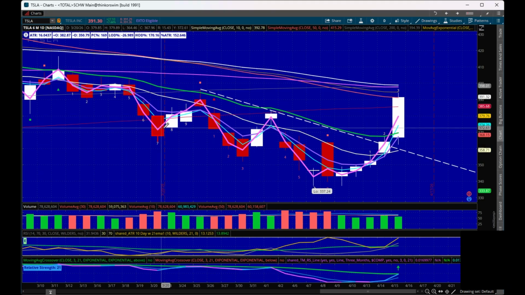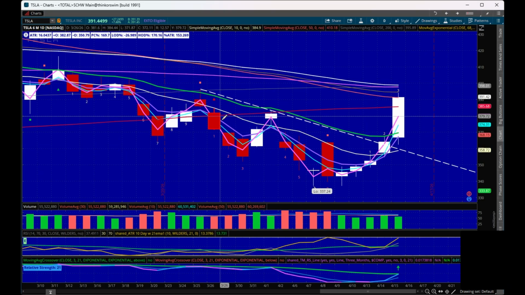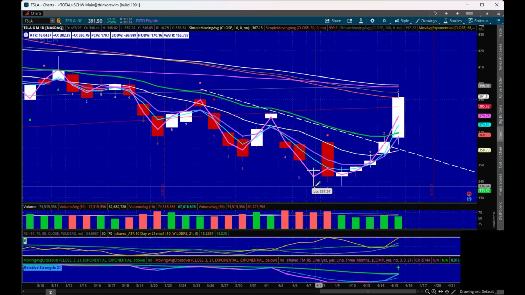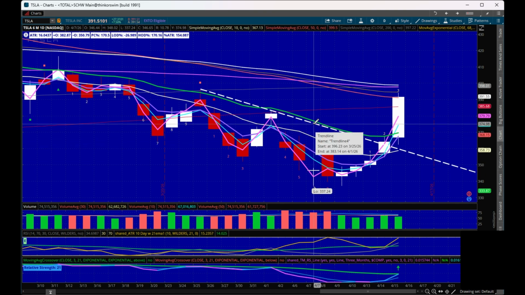Now what you do in this situation is you're looking for the lowest point under the TD line, which was this right here. So 337.24 is the lowest point under. You go directly above. So you go directly above to where the trend line's at.